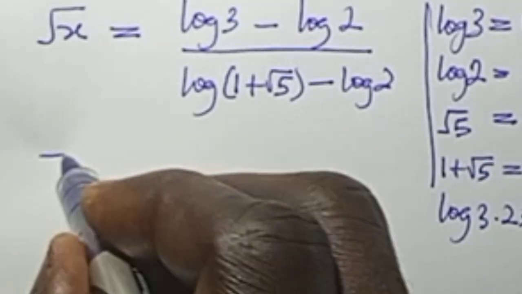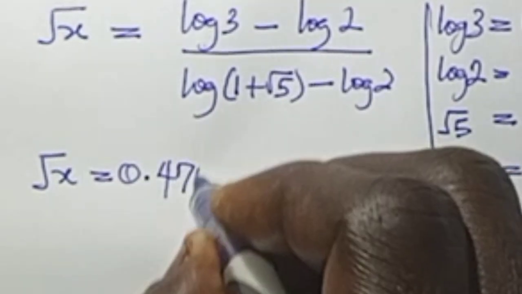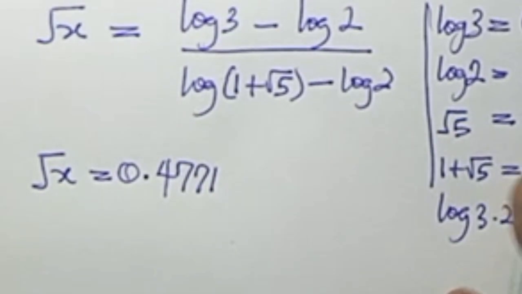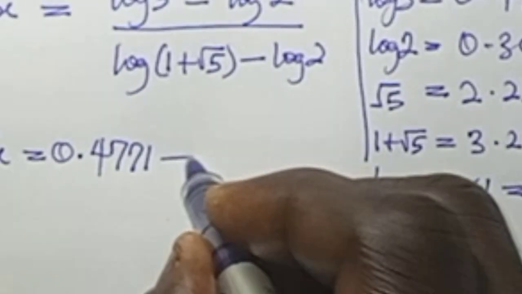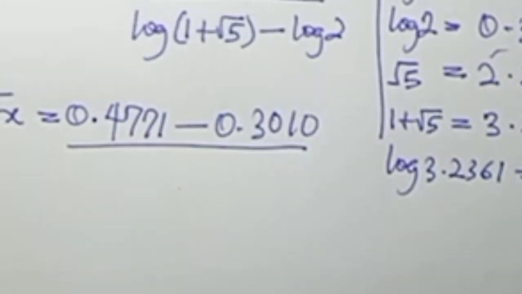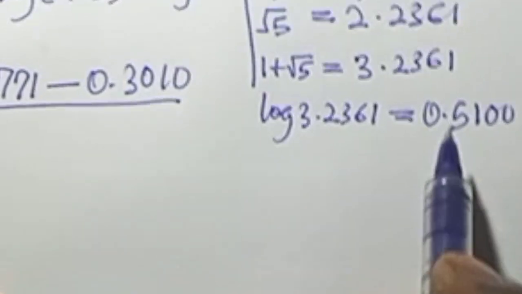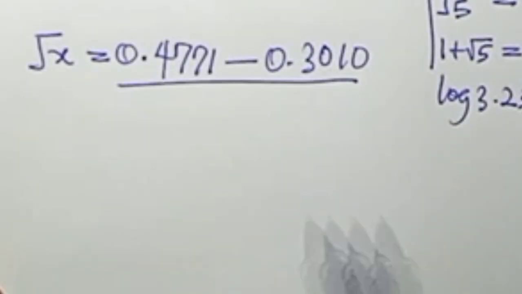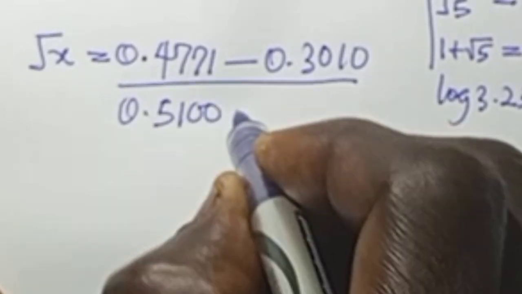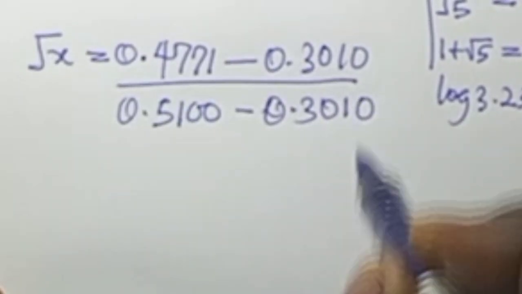So if we bring this value into our equation, root s will become 0.4771 for log 3 minus log 2, 0.3010, all over log of 1 plus root 5, which is given as 0.5100, minus log 2, which is 0.3010.